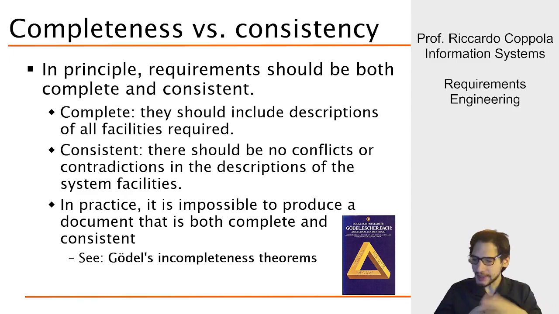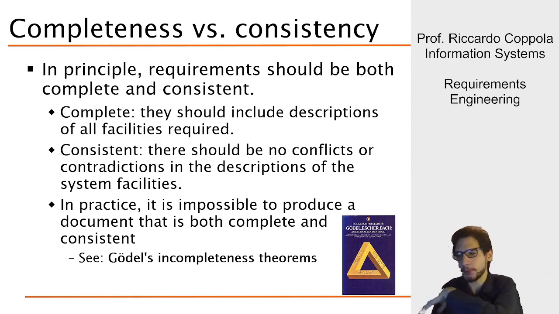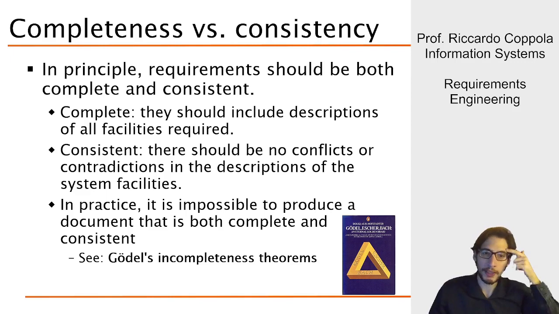So if I have a very complex system and I start writing hundreds of requirements, hundreds of pages of requirements, it is easier to create inconsistencies, because maybe a requirement on page 67 will conflict with the requirement on page 2 that I wrote days before.